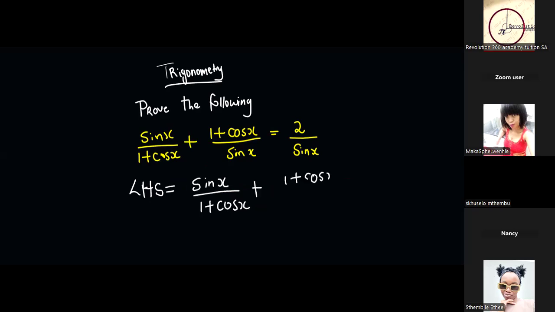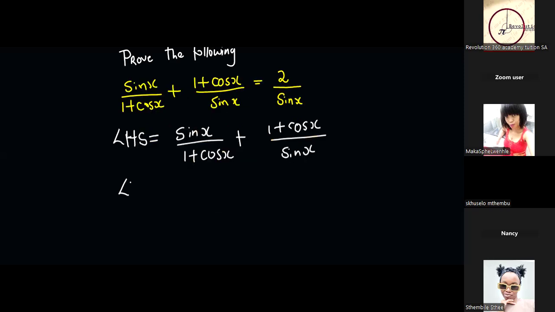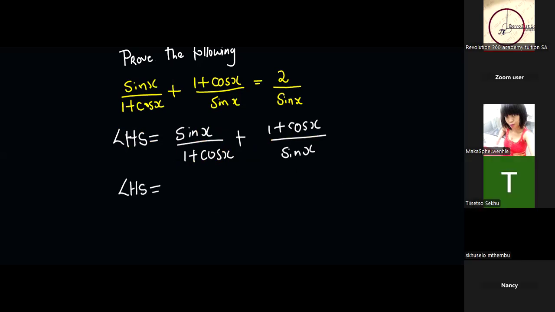And then after that, I've shown you how we work with fractions, right? So you'll say left-hand side equals, then you cross multiply. You'll say sin x times sin x, sin squared x. Yes, and then you're also having a positive sign. So you write positive, and then you multiply these two.